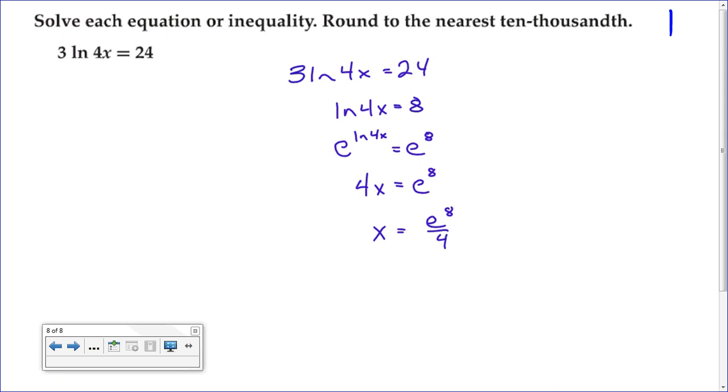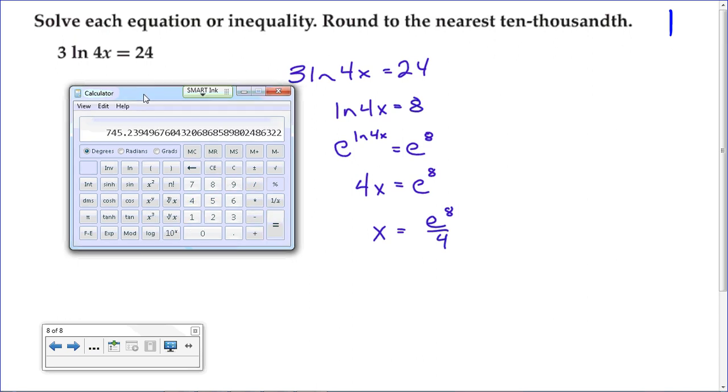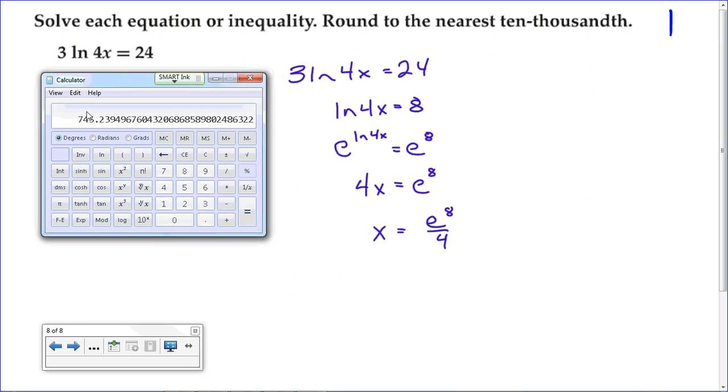So now let's calculate that. e to the 8th divided by 4. To get to e on this calculator, I've got to push the inverse. I'll put my 8 in first and then push this button. So that's e to the 8th power divided by 4, and I get 745.